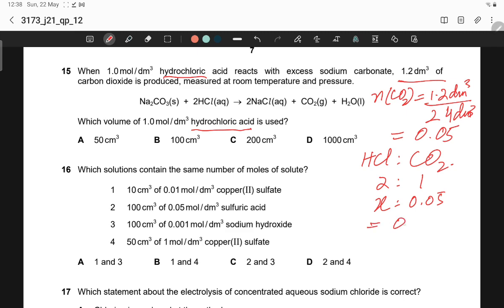This is 0.1, and we have concentration 0.1 mole per dm cube.